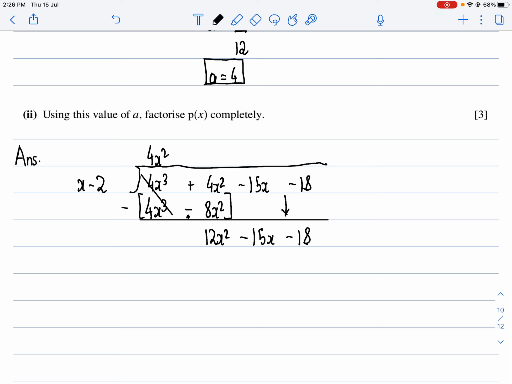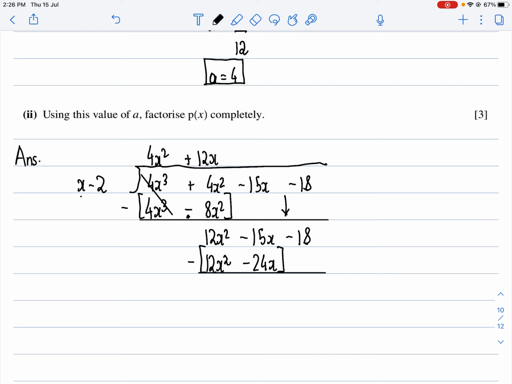Now I need a 12x square here. So what should I multiply to x to get 12x square? I can simply multiply it by 12x. Now when I do minus 2 into 12x, I get minus 24x. Now I multiply this full thing by negative.